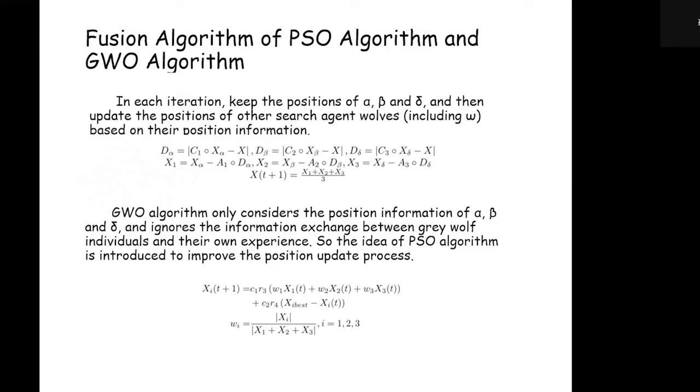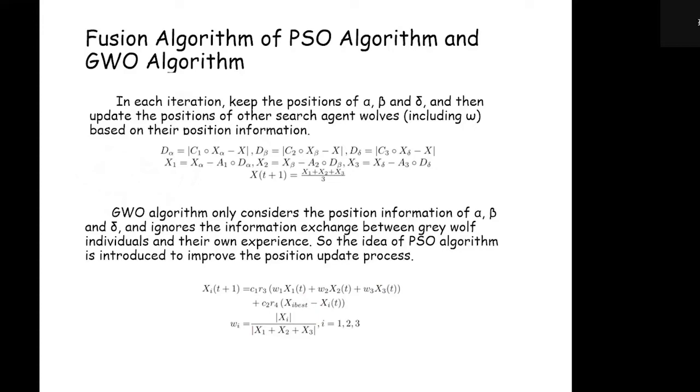The mathematical model of the process is as follows. Direction alpha is generated by the position of the alpha wolf, and then according to the direction, we get the new position x1. Just the same, we get x2 and x3.